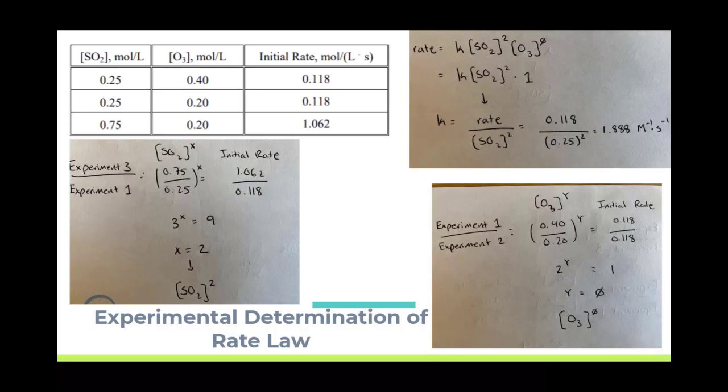Any number to the exponent of 0 should net you a number of 1. So we'll have O3 to the 0 power, and we'll say that the reaction is going to be 0th order to O3.